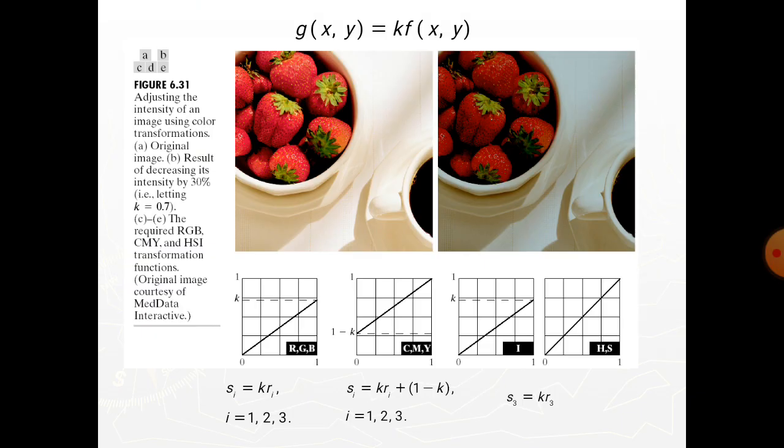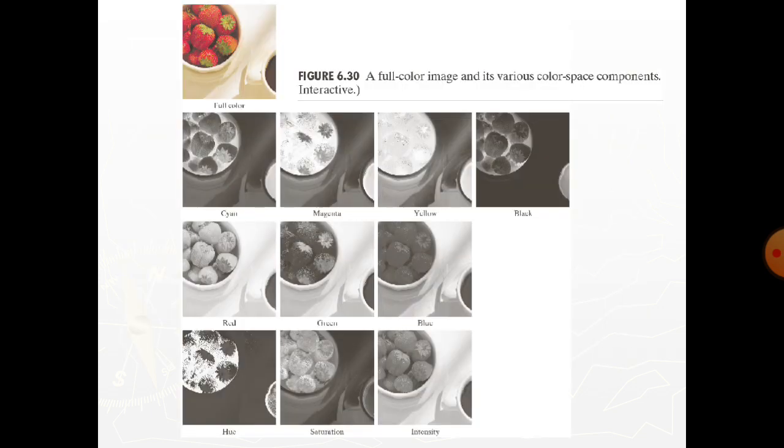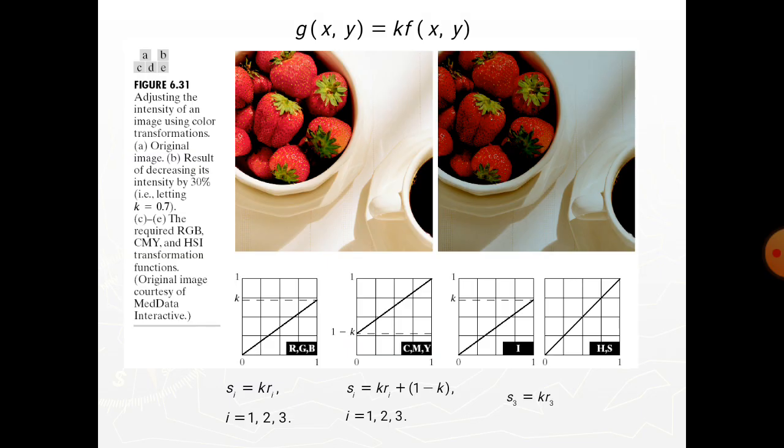Suppose, for example, that we wish to modify the intensity of the full color image using g(x,y) = k f(x,y), where 0 < k < 1. In HSI color space, this can be done with the simple transformation s_3 = k r_3, where s_1 = r_1 and s_2 = r_2.